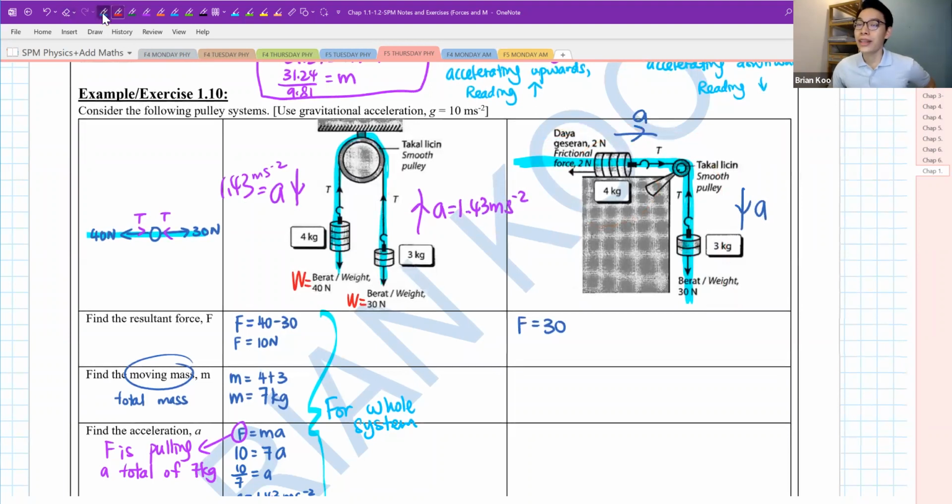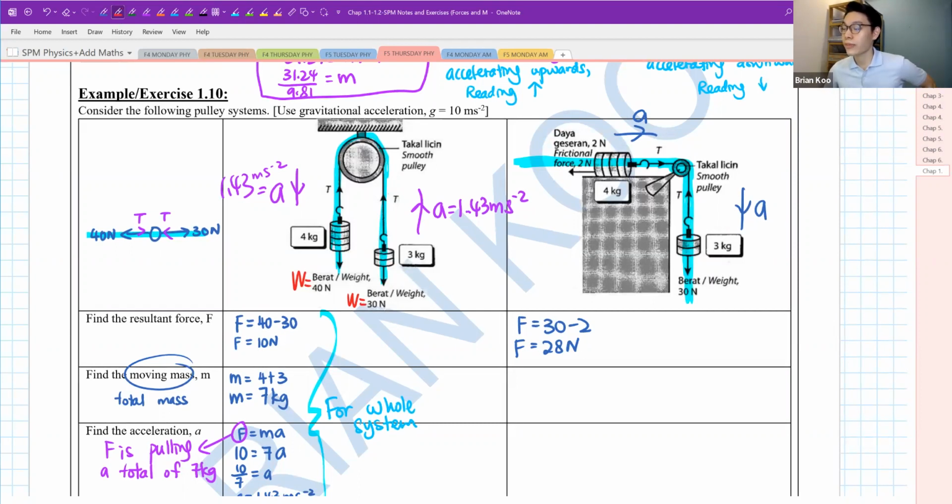So the resultant force is actually 30 minus 2. Okay, I will have a lot of questions now. This is the confusing one. I need your utmost attention and focus.